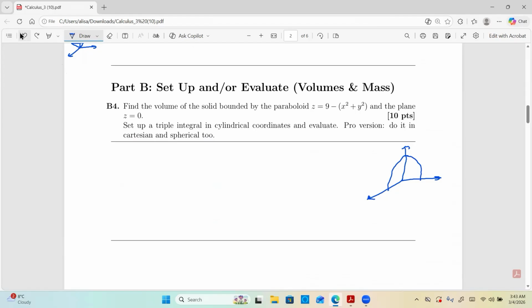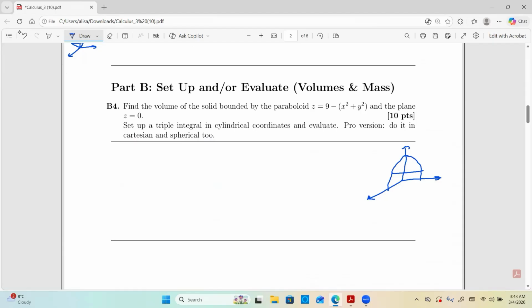It's going to be a paraboloid like this. And the point here is that we'd like to set up the integral. It's up to you which coordinate system to use. Here the question asks us to do it in the cylindrical coordinate system.